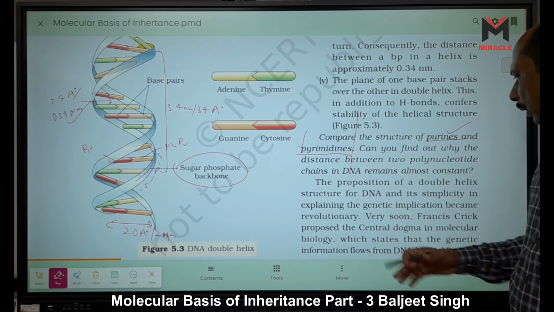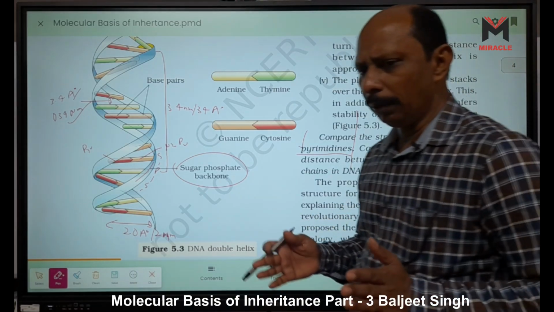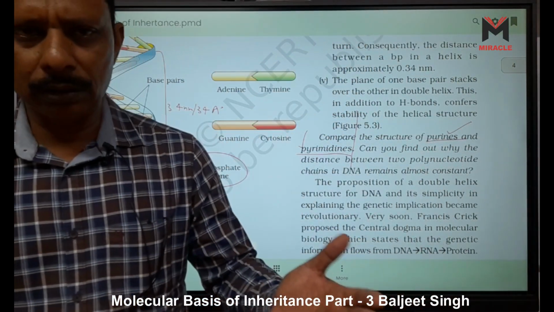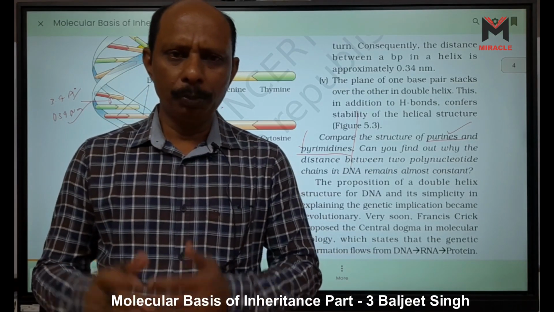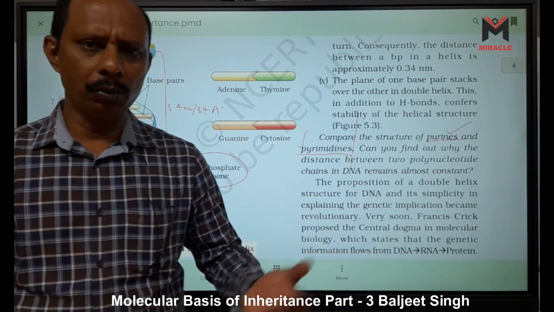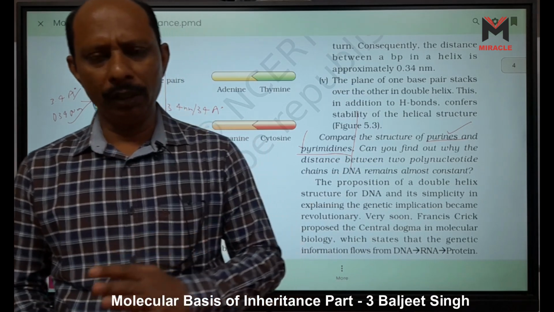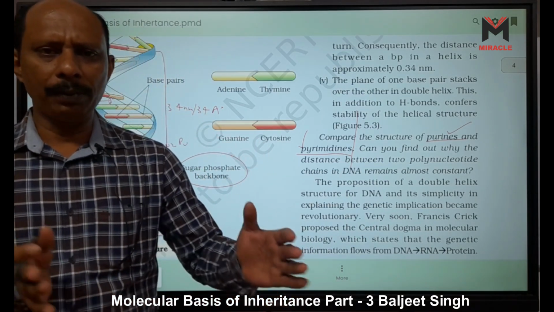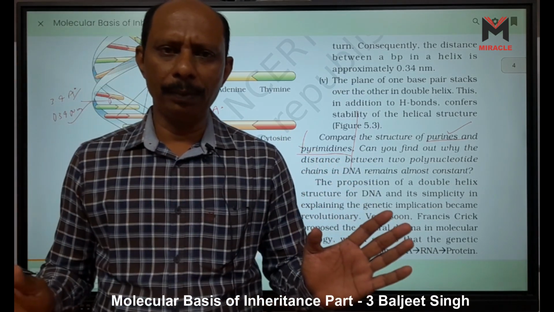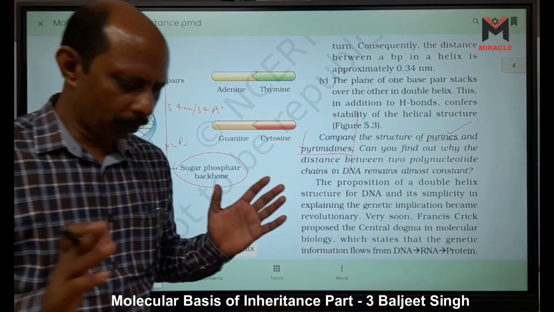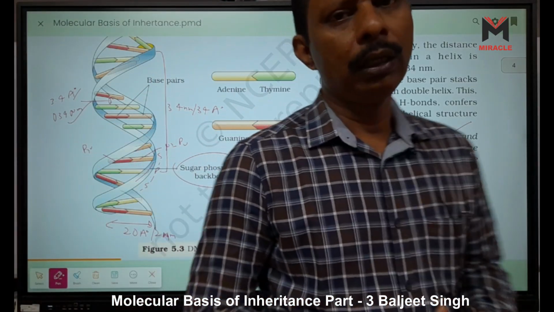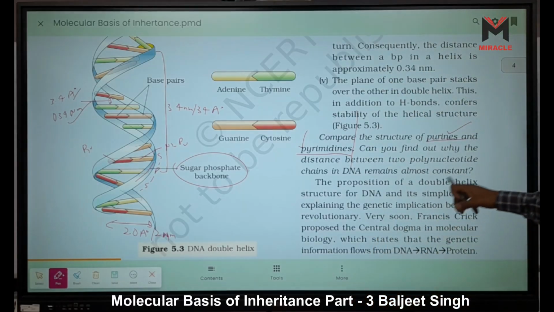Because if one side is purine, the other side is pyrimidine. Purine always comes complementary to pyrimidine, and where there is pyrimidine, there is purine. That means there is only purine with pyrimidine, never purine with purine or pyrimidine with pyrimidine. That's why a uniform distance is present between the two strands, right?